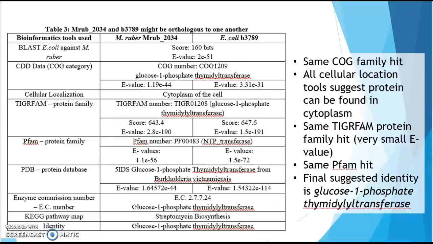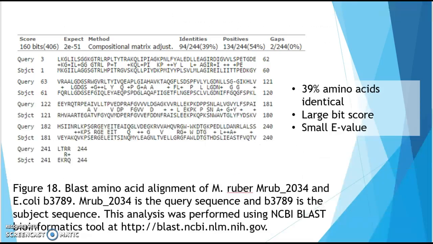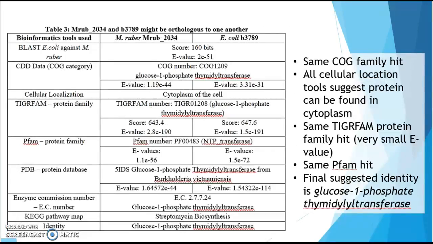So just to go back to that table, again, the TIGRFAM protein family, they match to the same protein family with high bit scores and low e-values, and they had the same EC numbers and things like that, all suggesting that these genes were orthologous and coded for the same protein, which is glucose 1-phosphate thymidylyltransferase.